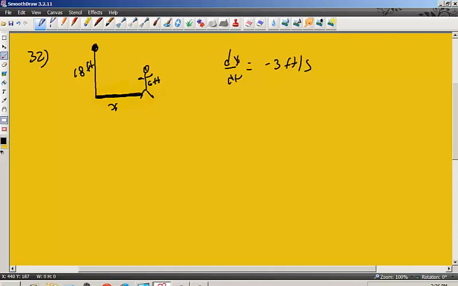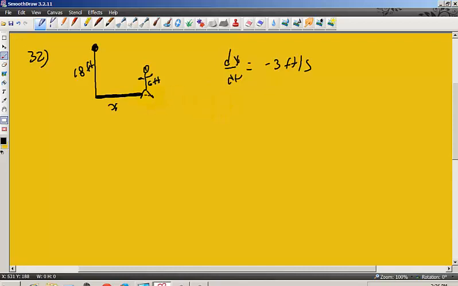That distance is x. Whenever something changes and gets smaller, it will always be negative. When something gets bigger, it's going to be positive. He's walking towards the street light, so the distance between the person and the light is shrinking. Good? Alright.